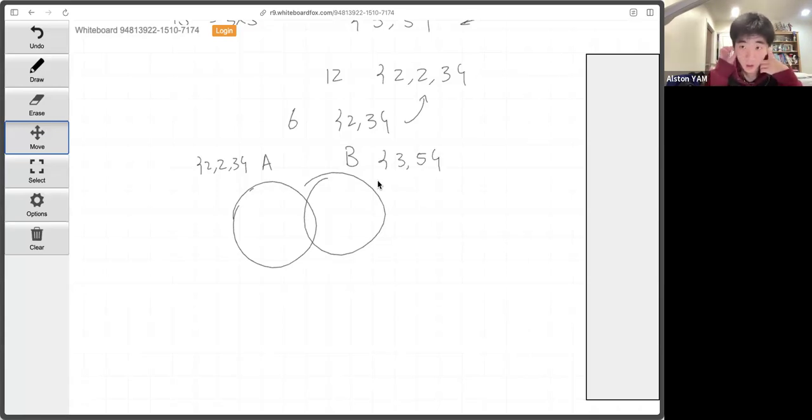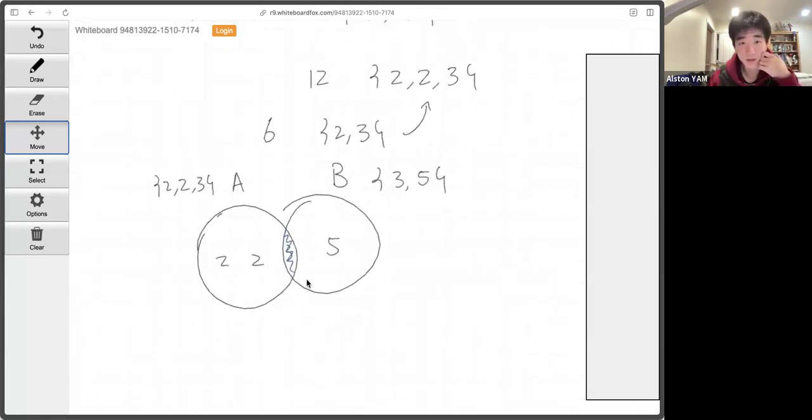We see that 3 belongs to both sets, right? So 3 goes here, 5 will go here, and the 2s will go here. What we're doing is actually just taking the intersection of these two sets, right? And the 3 lies in the middle of these two sets. So 3 is the greatest common divisor.